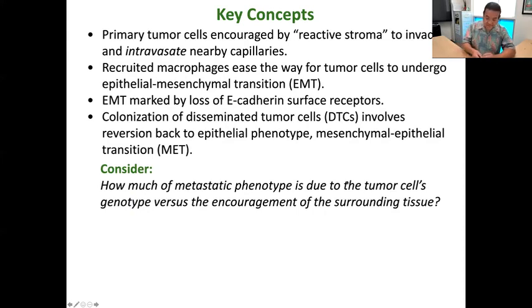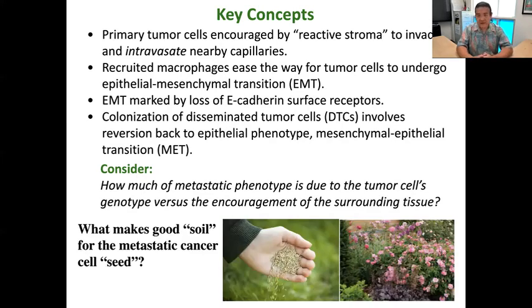All right, so consider how much of this metastatic phenotype of a large aggressive tumor is really due to the tumor cell's genotype itself versus the encouragement of surrounding tissues. In other words, if we revisit this classic seed and soil model of metastases, how much of the success of a flowering plant growing from its seed is the result of the seed itself and the genome of the plant, and how much of it has to do with the right combination provided by the soil?